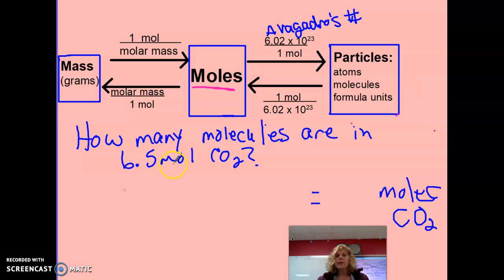What's important here is I want to know how many molecules, and I am starting with 6.5 moles of CO2.